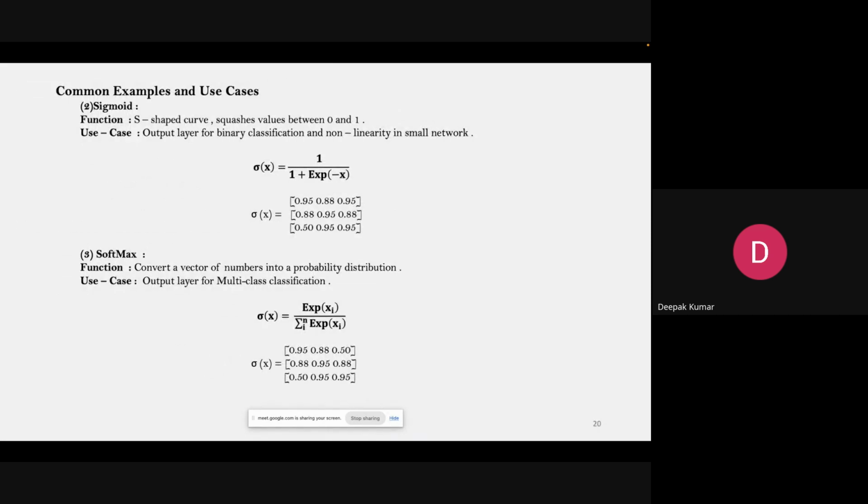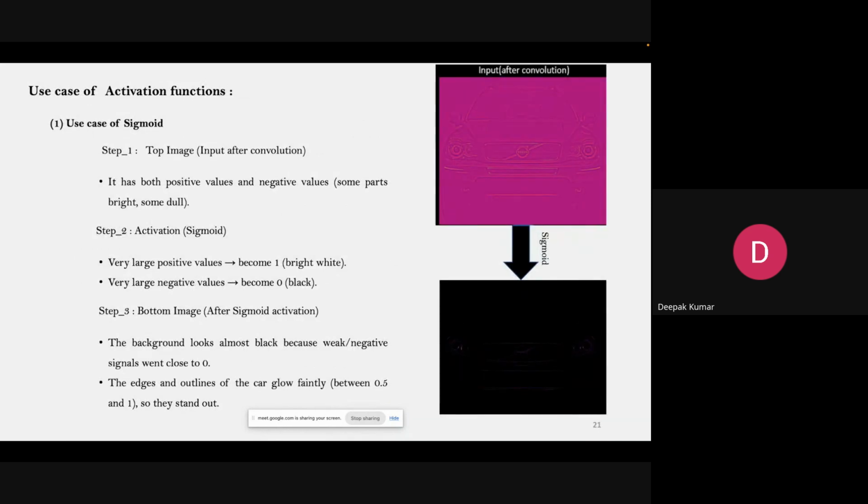But if we apply the sigmoid, as you can see, all the values are a bit less than 1 and greater than 0. So all these values are range bound. Similarly in softmax, because we are dividing by the summation over the exponential of xi, it is also a range bound function between 0 and 1, right? So these are a few special cases and their effects.